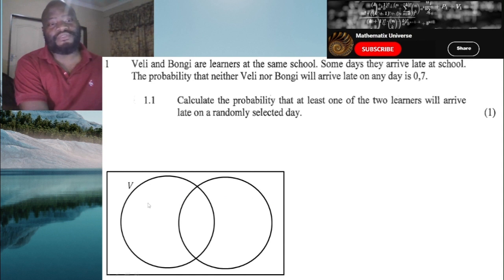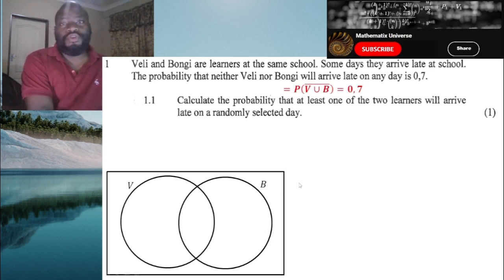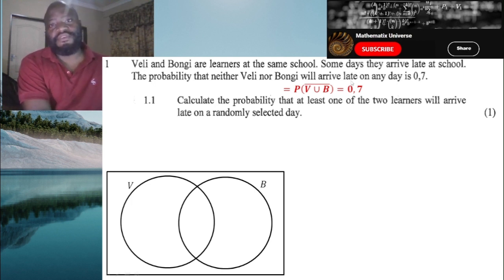We'll name the first one V for Veli's lateness and B for Bongi's lateness. So now the statement here, as I said before, means that we are negating their lateness, both of their lateness. So it's the not of their union. So it means this is outside the two circles.